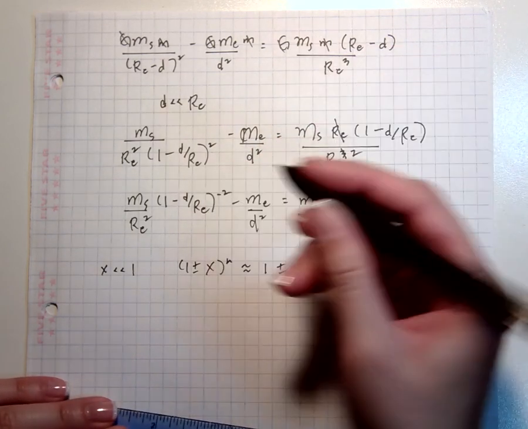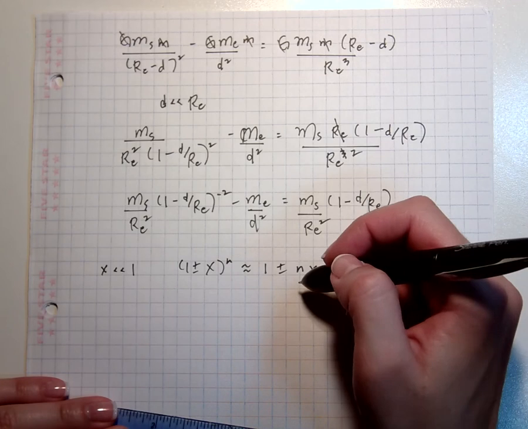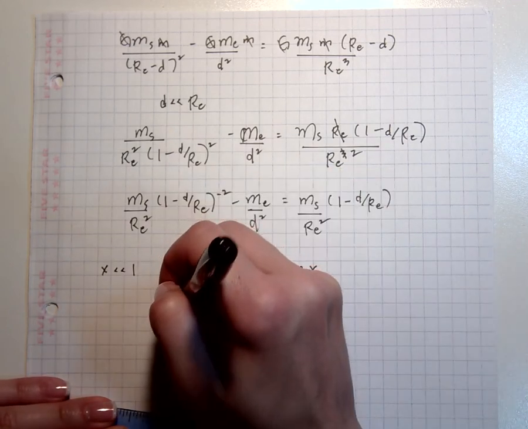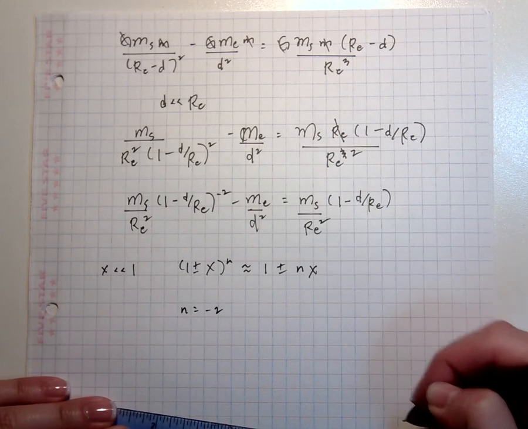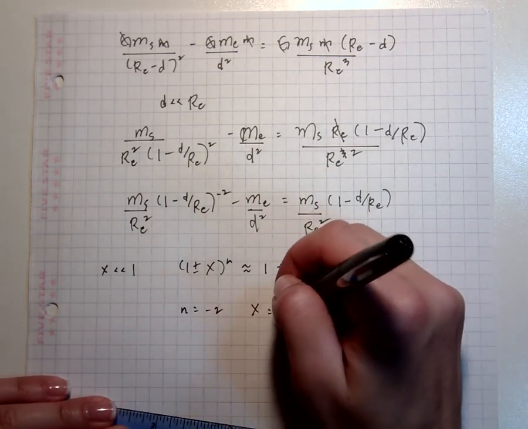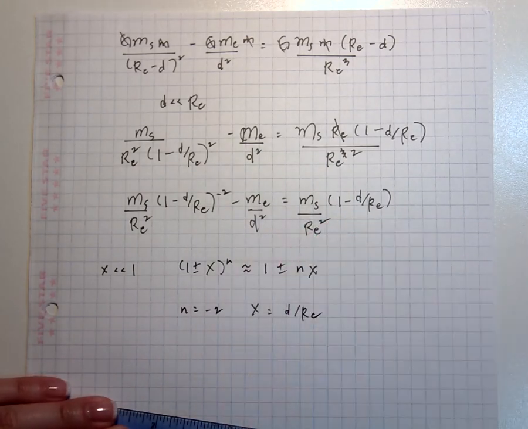So if I look at this term, what's going to be considered n? Well, n is going to be negative 2, and x is d over r sub e.